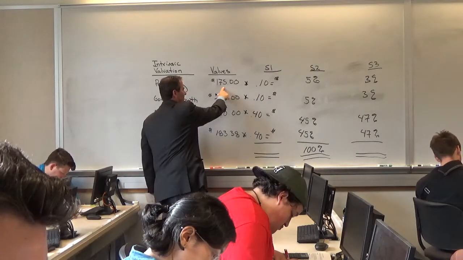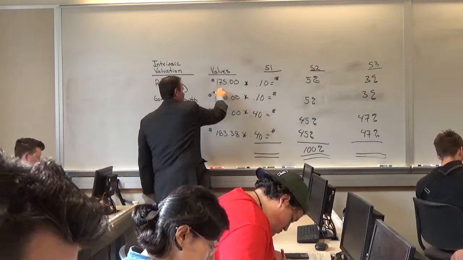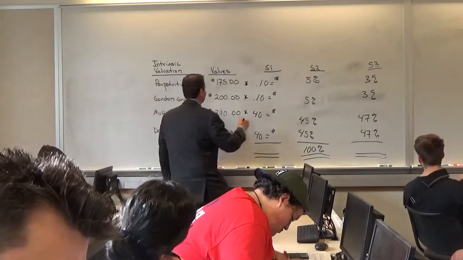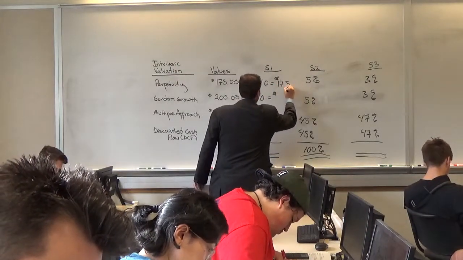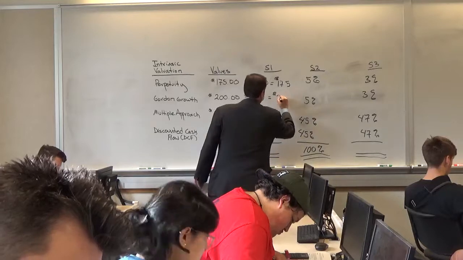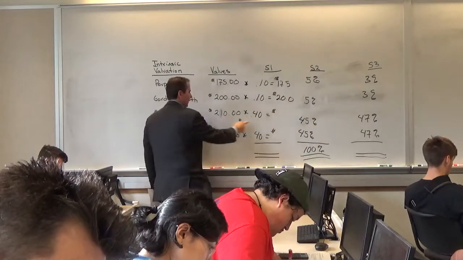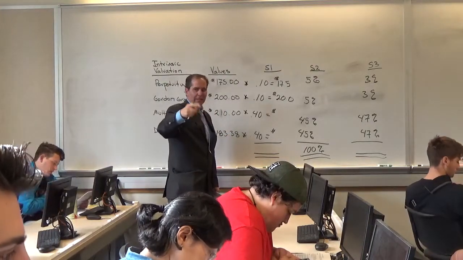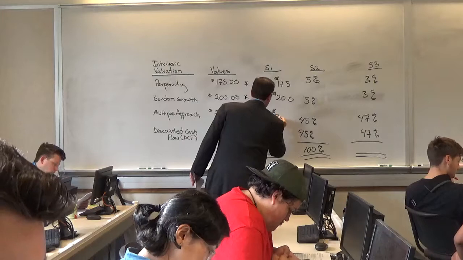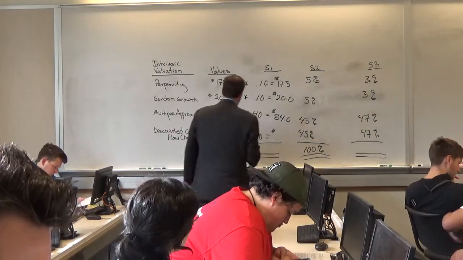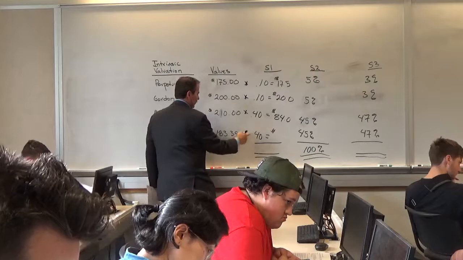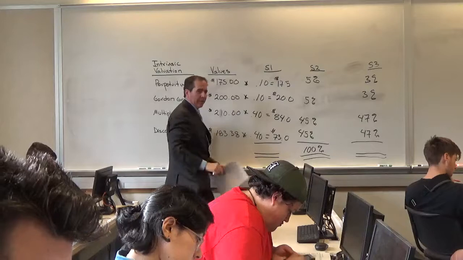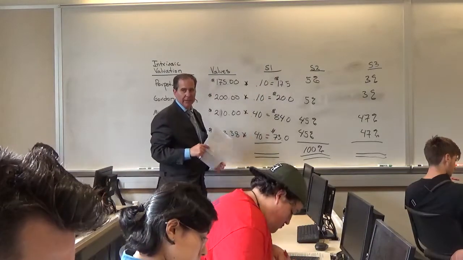So what's 10% of 175? 17.5. You got it. Okay, and this one? 20. Got it. And what's 0.4 times 210? 84. Okay. And what's 183.38 times 0.4? 73. Love it. Okay, and then sum those up, and you're going to get the weighted average under the first scenario.